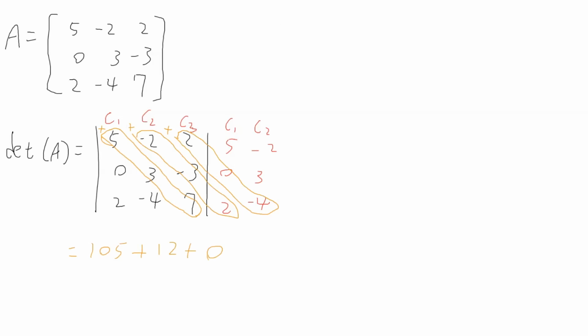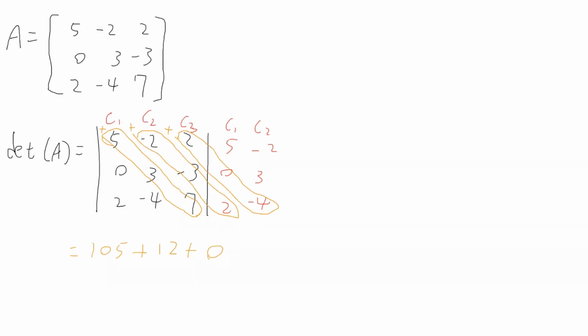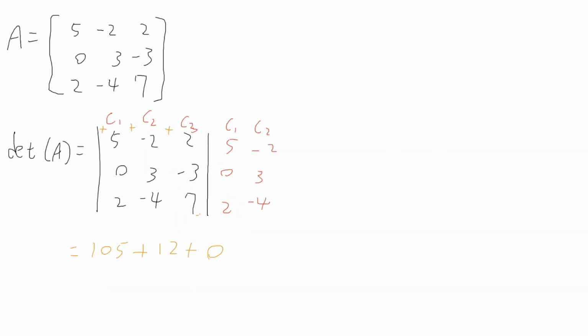And then the second half, instead of going from the top down in the diagonal, we're going to go from bottom up in diagonal. Right, so let me erase the orange circles first. Okay, like that. All right, and then we'll go from the bottom up in diagonal like that.